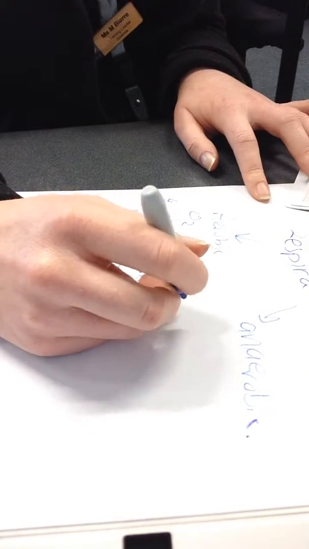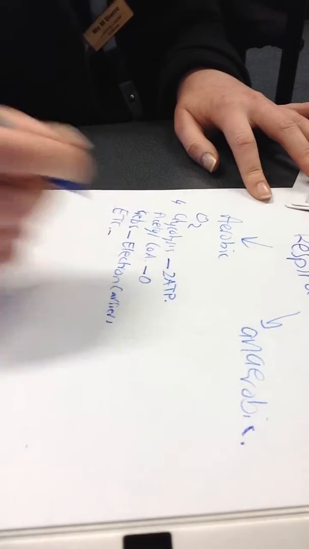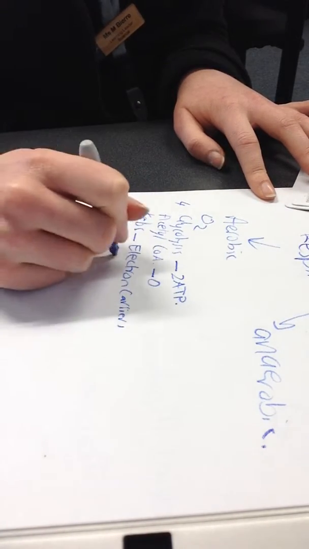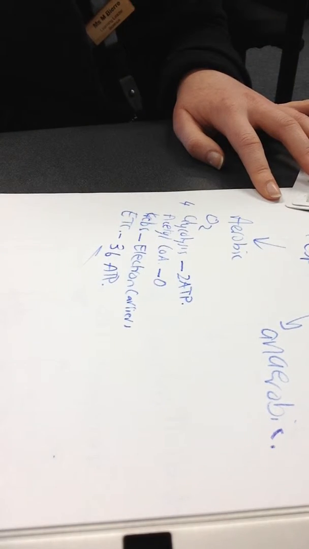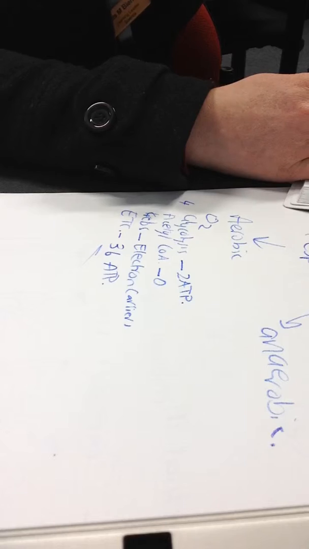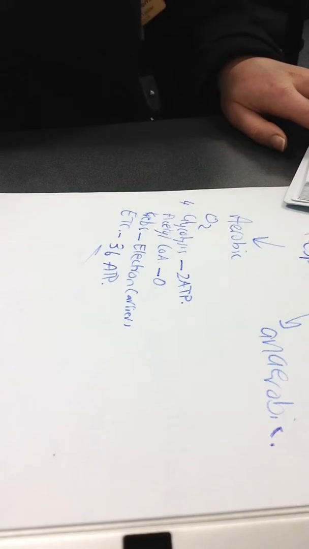For the electron transport chain, you use the carriers and you're getting about 36 ATP being produced. This number is actually debated, how much ATP is produced for the electron transport chain. They've tried to do some tests on it, but it's still a little bit in the air right now.